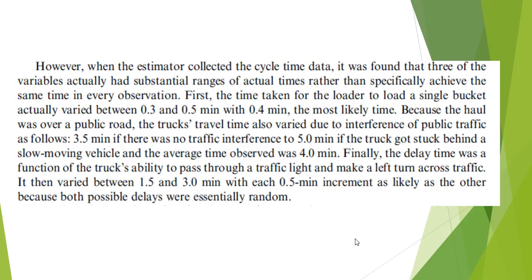And finally, we find that the delay time was a function of the truck's ability to pass through a traffic light and make a left turn across traffic. Okay? And that means it would vary between 1.5 and 3 minutes, with each 0.5 minute increment as likely as the other, because basically we had a random situation.